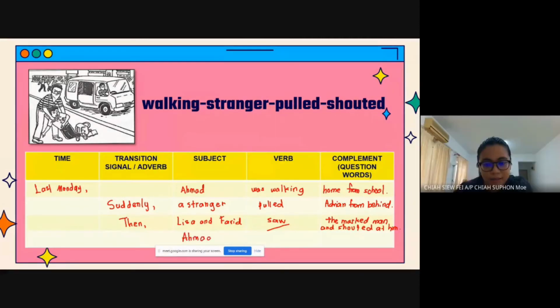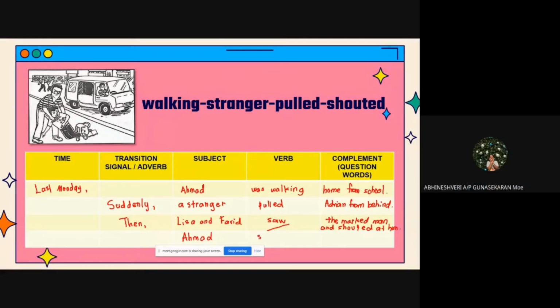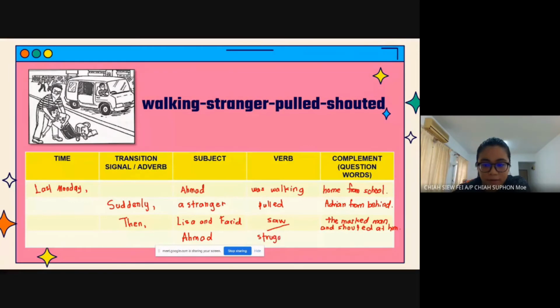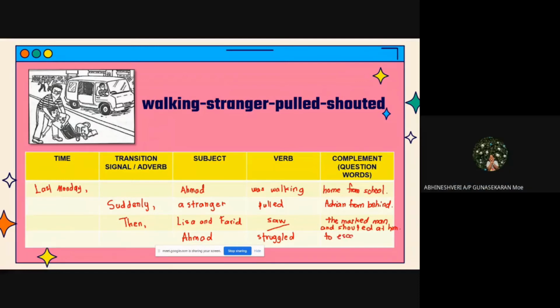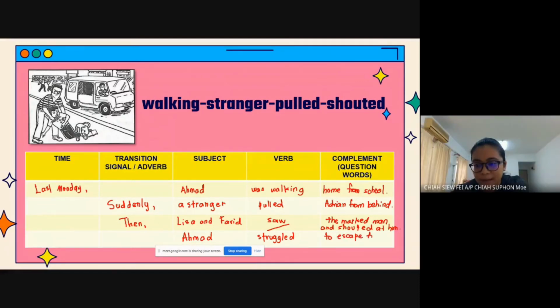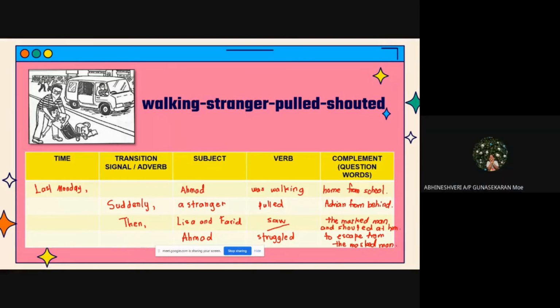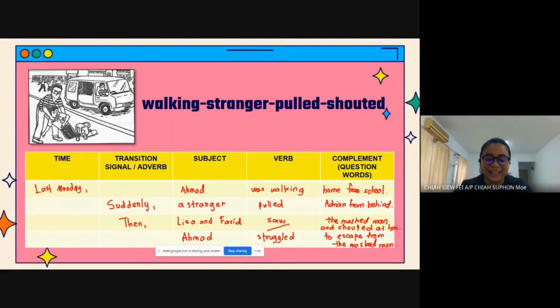Ahmad. Okay. What is your verb? Struggle. Very good. Struggle to do what? To escape from the masked man. You can read my handwriting, right? Yes. Okay. All right. Ahmad struggled to escape from the masked man.